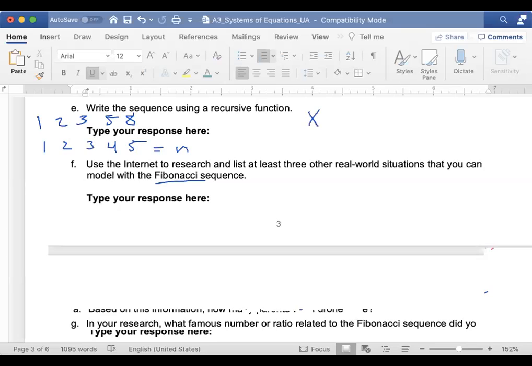So if it's x1, it's going to be 1, x2 is going to be 2, x5 is going to be 8, okay? So your rule is, oops, your first term plus your second term.